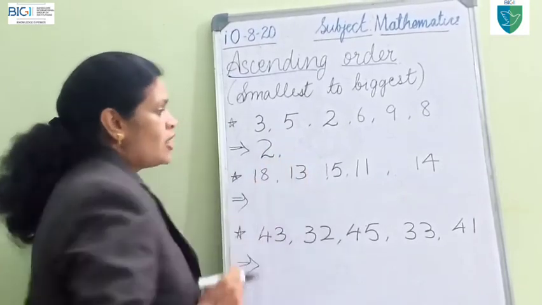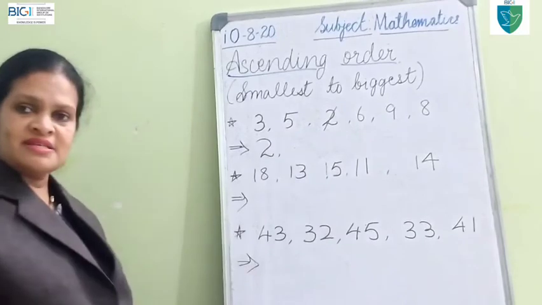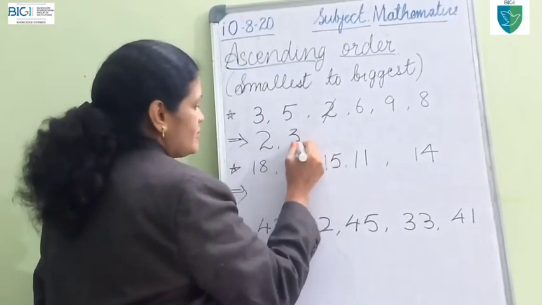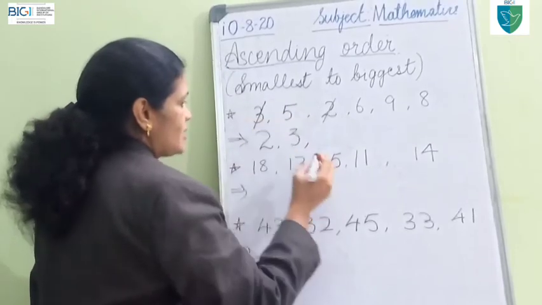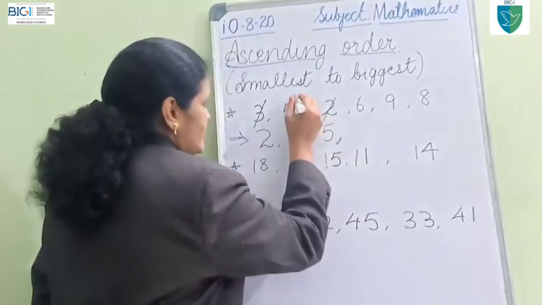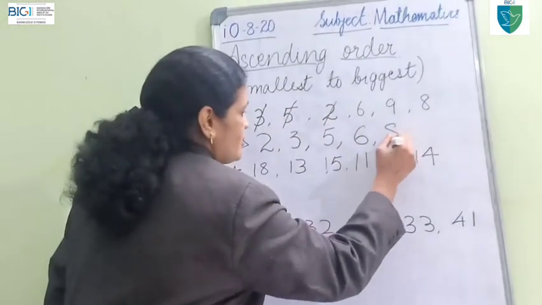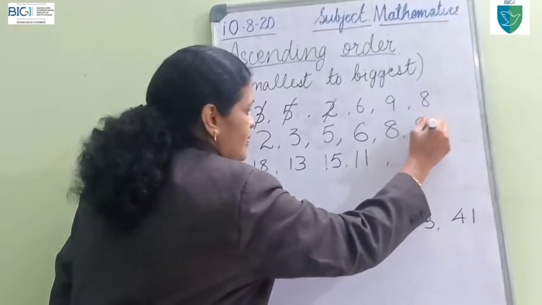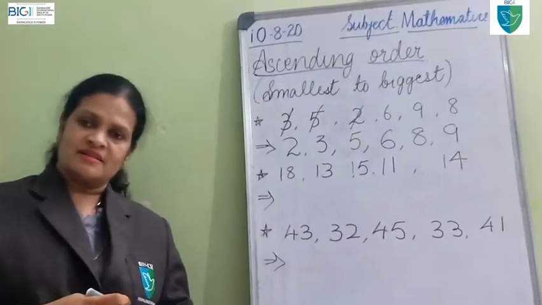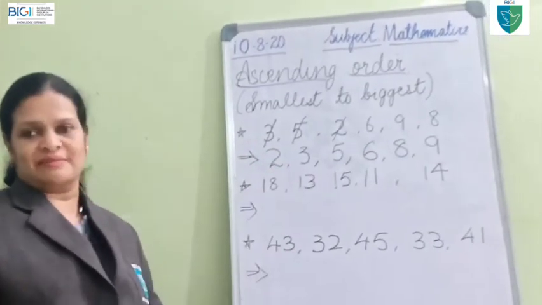Right? After number 2, which number do you think is the smallest? It is number 3. Then comes number 5. Then it is 6, 8 and 9. These numbers are just single digit, so you didn't have any problem. It is as simple as just arranging the numbers.